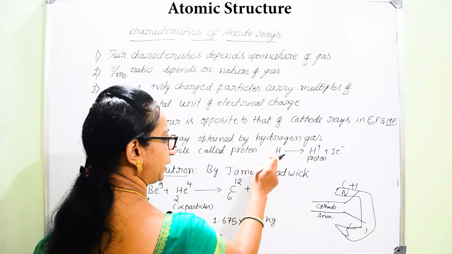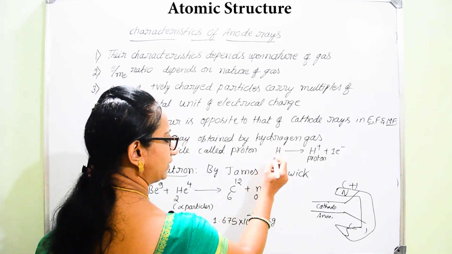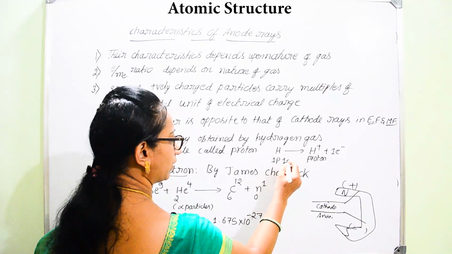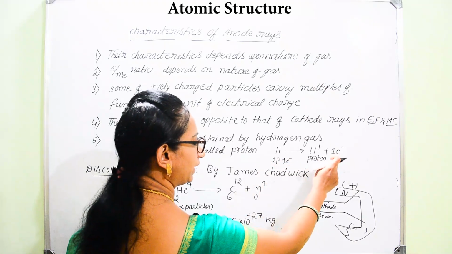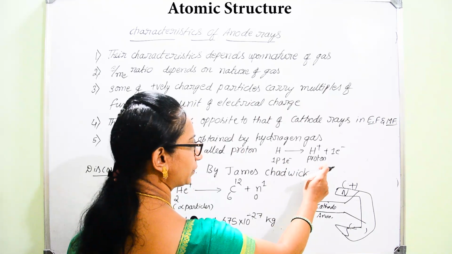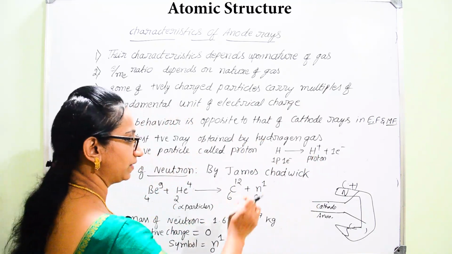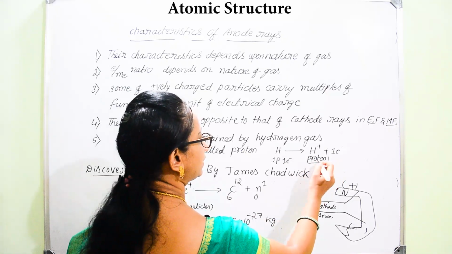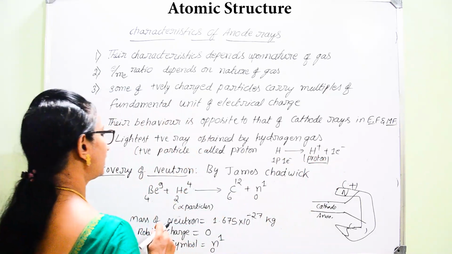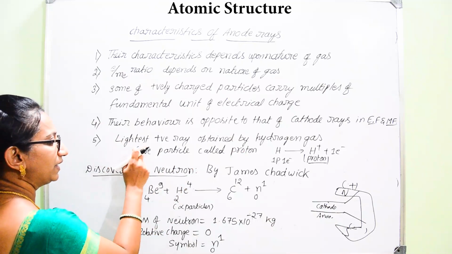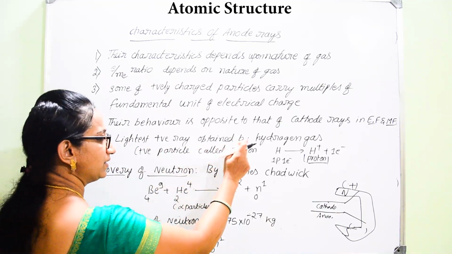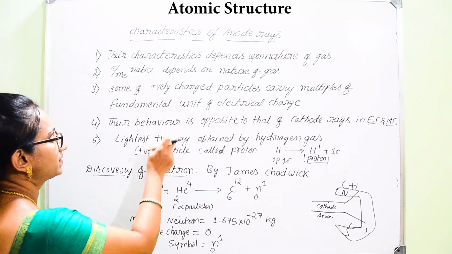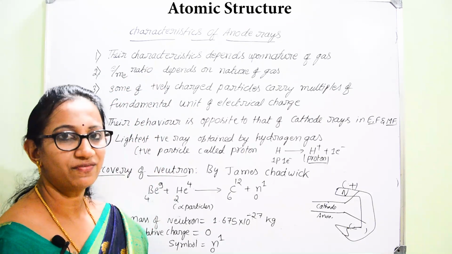So if you say hydrogen, 1H1, that hydrogen contains 1 proton and 1 electron. But after the removal of 1 electron, it contains only 1 proton, and there is no neutron. Hence, that H+ ion obtained is given the name proton. Hence, the lightest positive ray is obtained from hydrogen gas. And that is regarding the characteristics of anode rays.